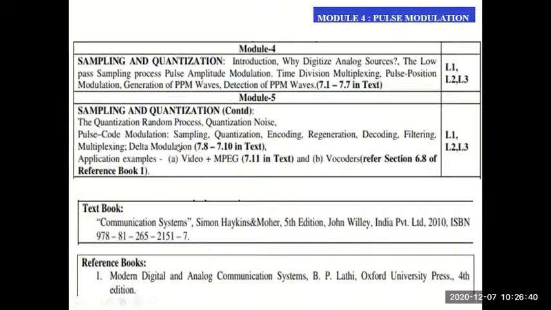And then we'll take up some application examples where we'll be talking about video encoding using MPEG encoders. Anybody can tell me the full form of MPEG? Somebody? What is JPEG?